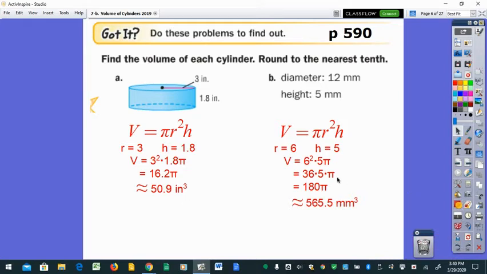So really what we want to see on your paper is what you are substituting in. So the line that I'm kind of tracing right here, we want to see that exact answer of 180 pi, and then your approximate answer should only have 1 decimal place rounded correctly, and your units should have cube because volume is that 3-dimensional unit, as we've talked about.